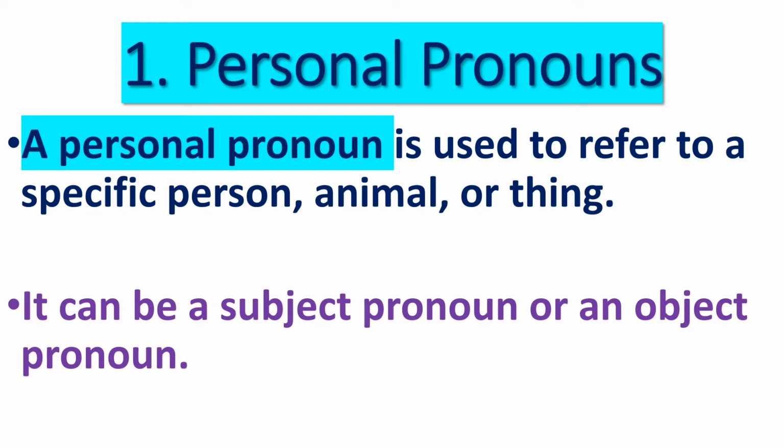A personal pronoun is used to refer to a specific person, animal, or thing. A personal pronoun can be the subject of the sentence or it can be the object of the sentence. We will look at a table to see the differences.